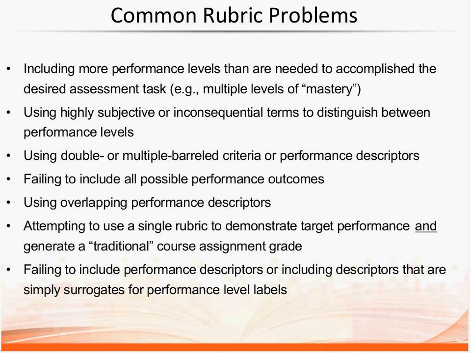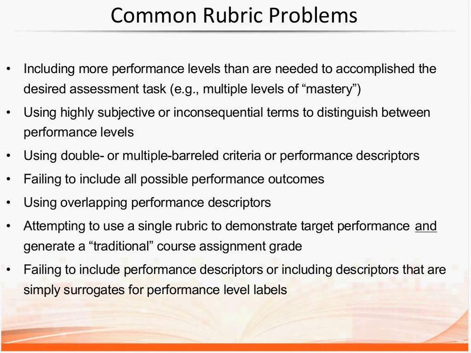Using overlapping descriptors will certainly have a negative impact on reliability, because that essentially means you've got multiple performance levels that could be assigned to the same level of performance, or multiple grades that could be assigned to the same level of performance. So that's clearly going to have a negative impact on reliability.